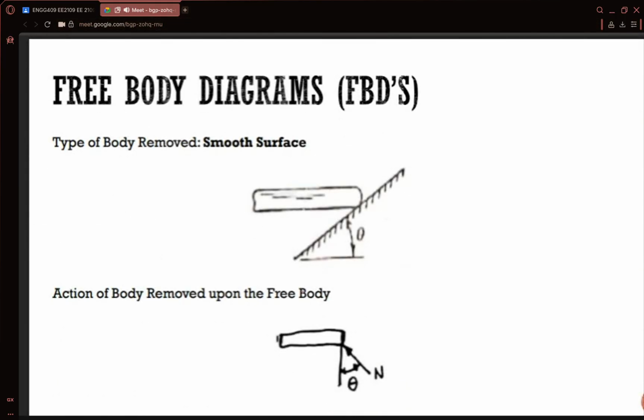Okay, so another one, type of body removed. This is a smooth surface again. This is your body being observed. It is in contact with the surface here.